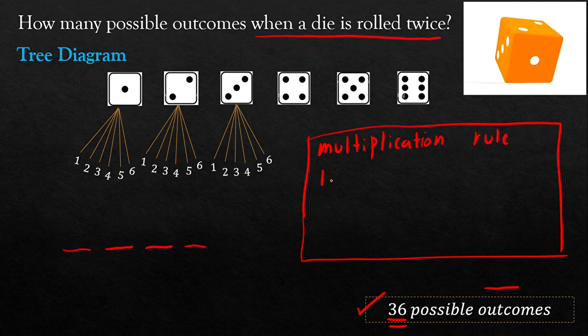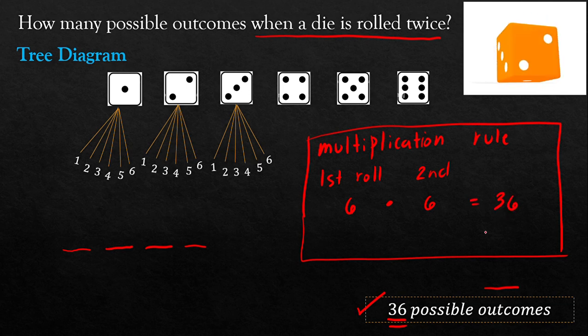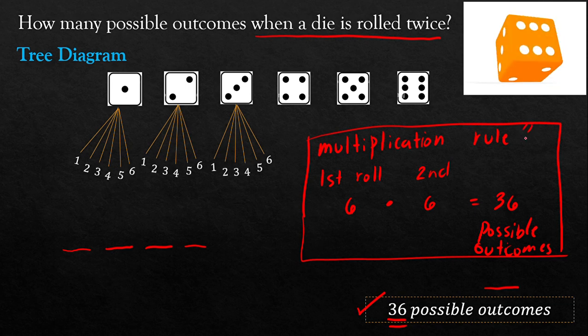The first event, the first roll, has 6 possible outcomes, and the second roll also has 6 possible outcomes. If you multiply them, you will get 36 possible outcomes. So that is the shortcut method for counting all the possible outcomes. The fundamental counting principle is what we call the multiplication rule.